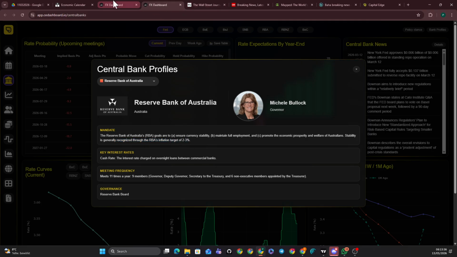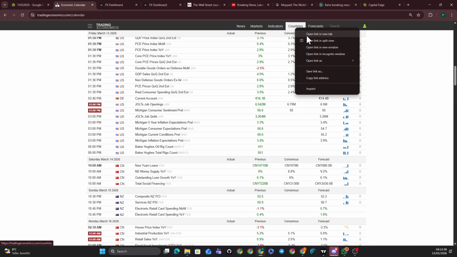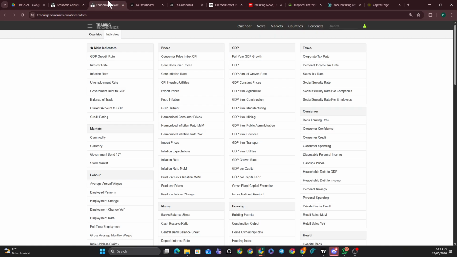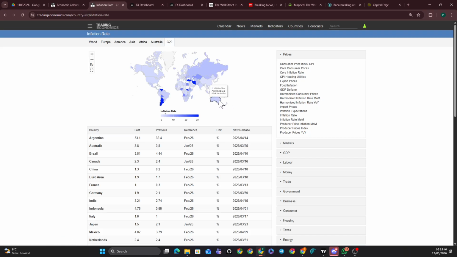At the moment, the RBA is not even close to this inflation target. It's like 3.8. The labor market is doing fine, GDP is also showing some progress, but inflation is not cooling down, and with this oil price surge, inflation will definitely start to increase.